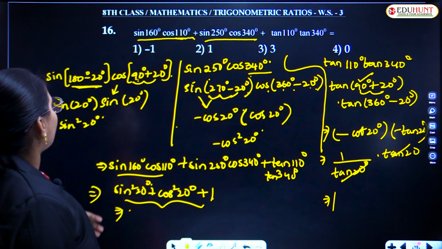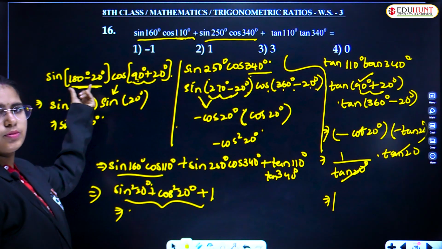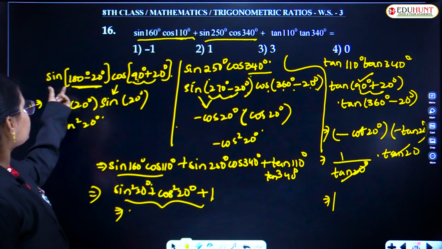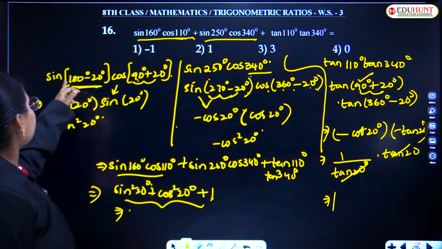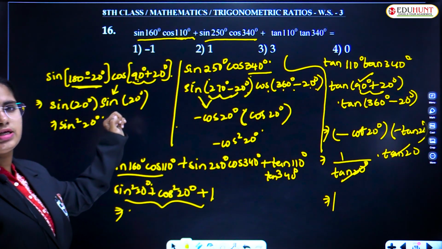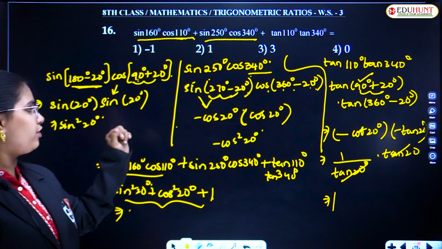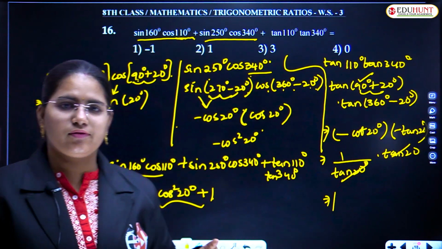Just a minute. Let me rectify this. Come back to me. What is the question? Sin 160 cos 110. Sin 160 can be written as 180 minus 20. 180 minus theta belongs to the second quadrant. In the second quadrant, sin is positive, right?